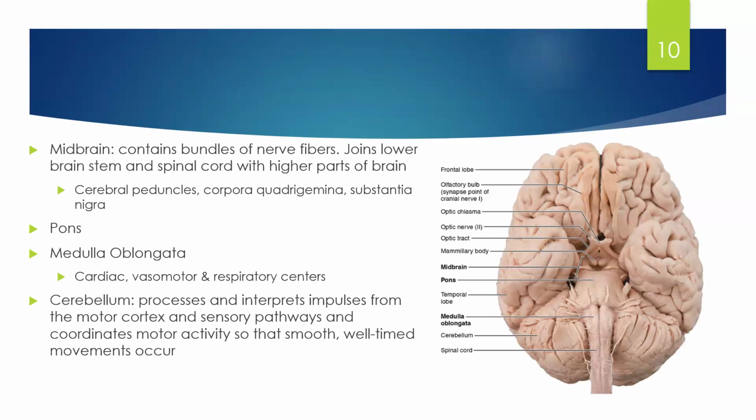Okay. So the midbrain contains bundles of nerve fibers, and it joins the lower brainstem and the spinal cord with higher parts of the brain. It has the cerebral peduncles, I hate this word, corpora quadrigemina, and the substantia nigra.